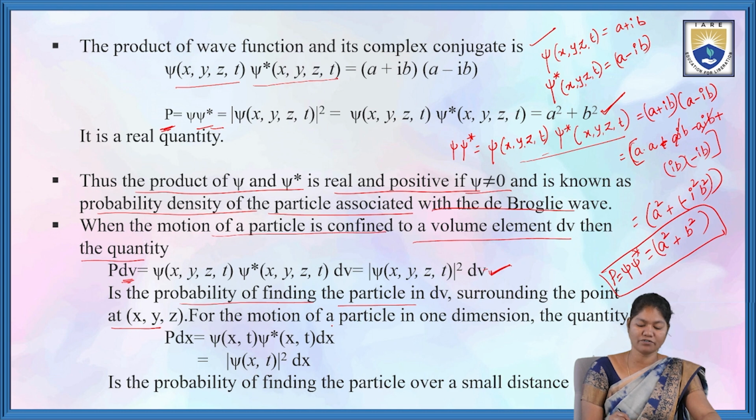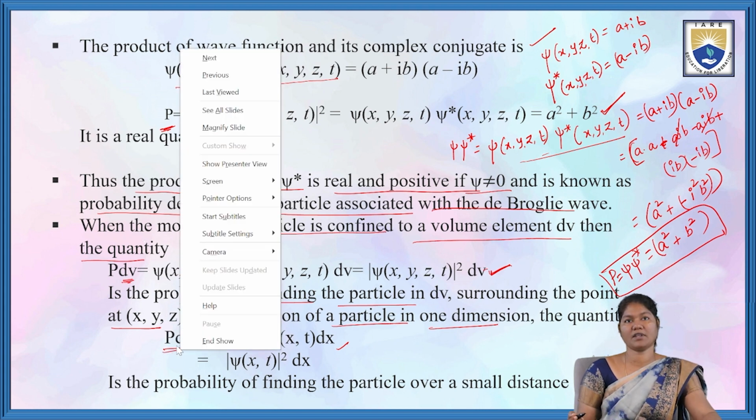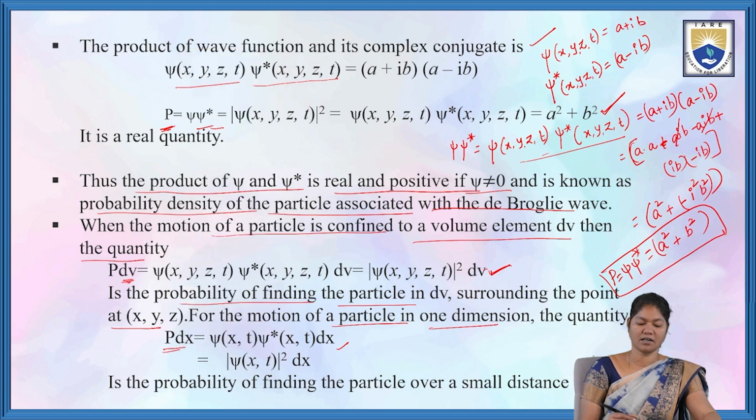For the motion of the particle in one dimension, say x, the probability of finding the particle at the x coordinate is P dx, which is equal to ψ(x, t) into ψ*(x, t) dx.